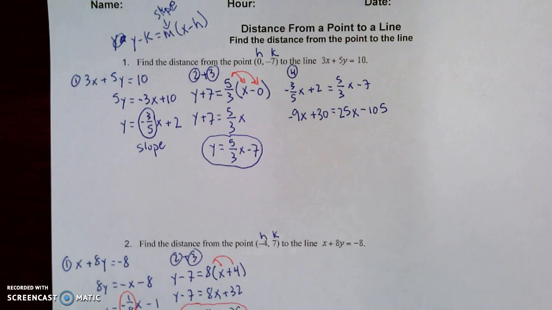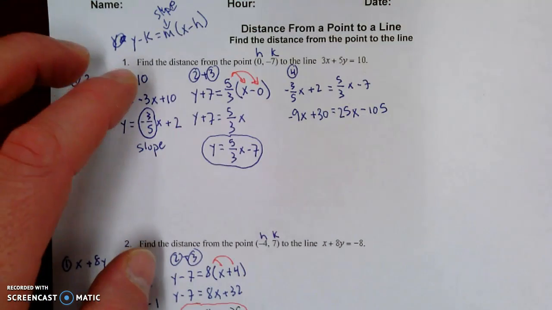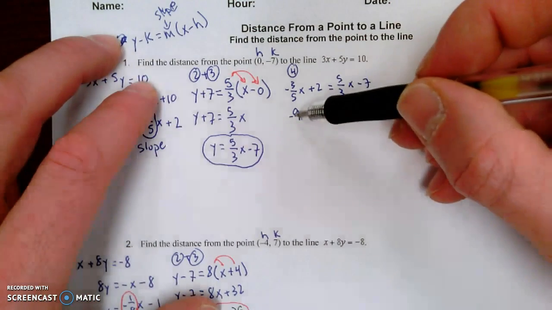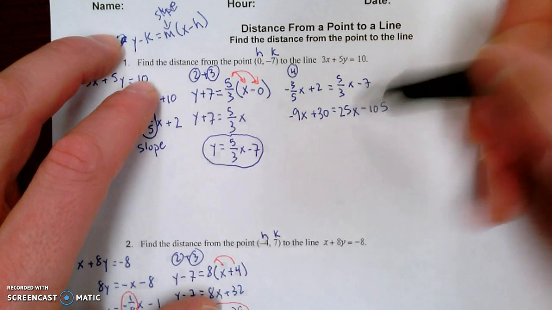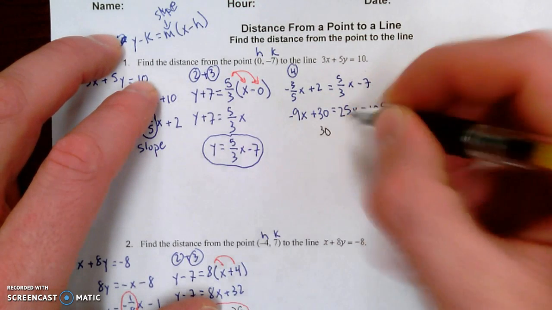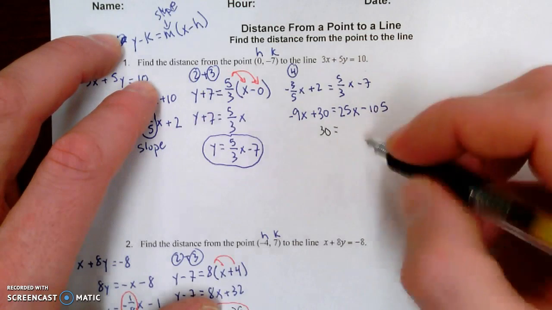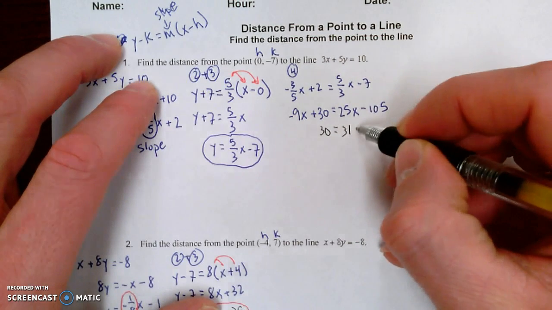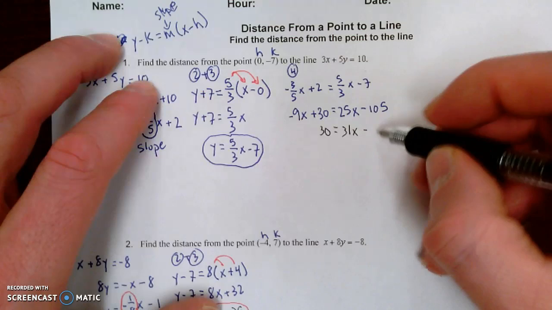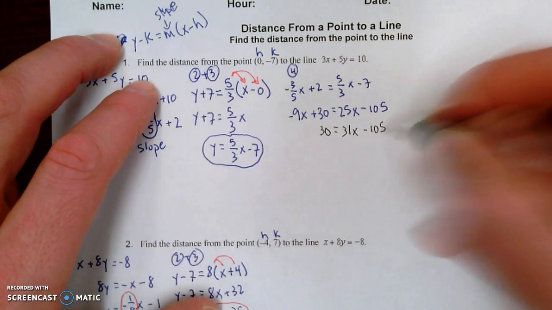Now we're going to solve this equation. I got negative 9x here, 25x here, so I'm going to start by adding 9x to both sides. So that gives us 31x minus 105.